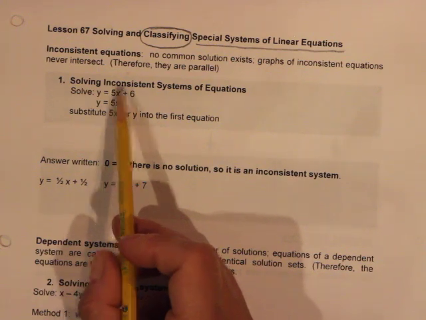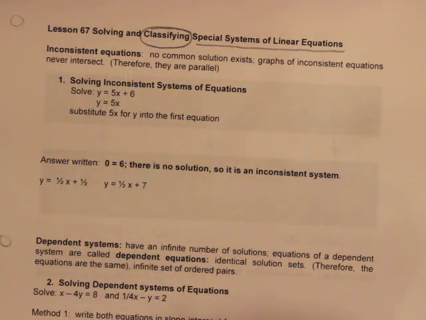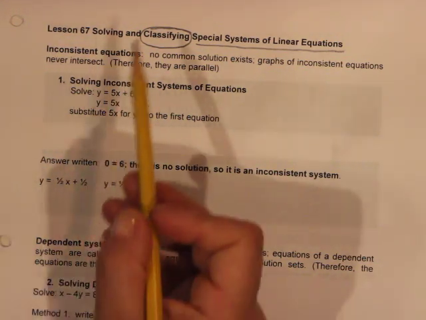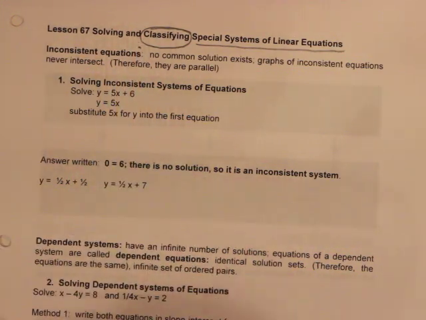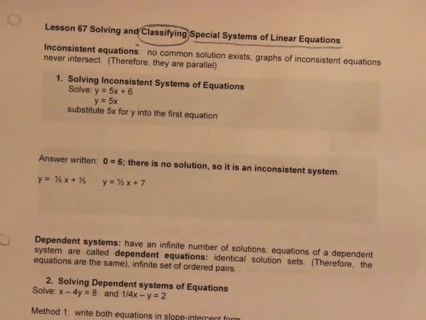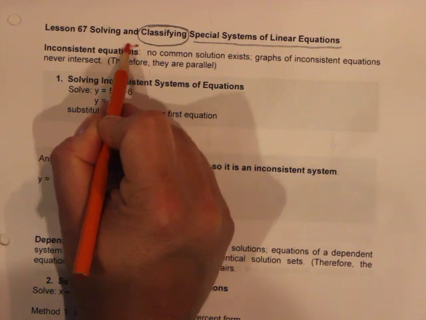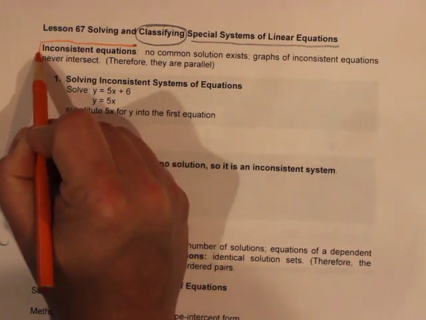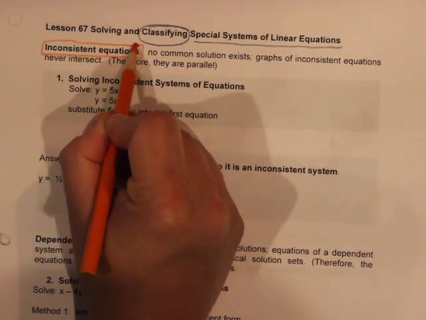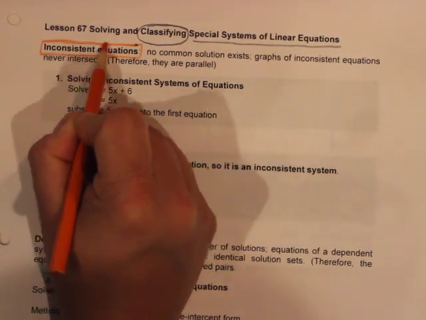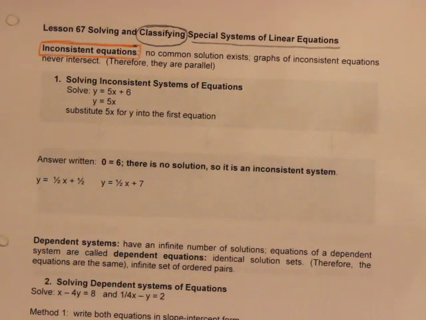The first type or classification of systems of linear equations that we're going to learn about today are classified as inconsistent equations. Okay? Inconsistent equations.